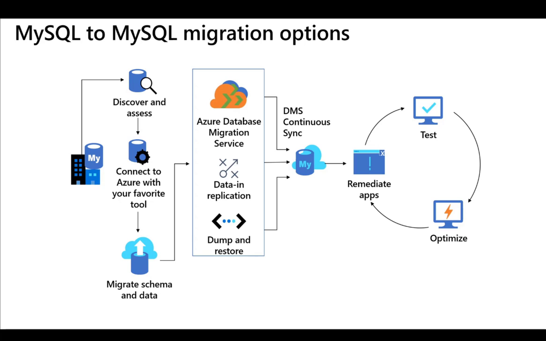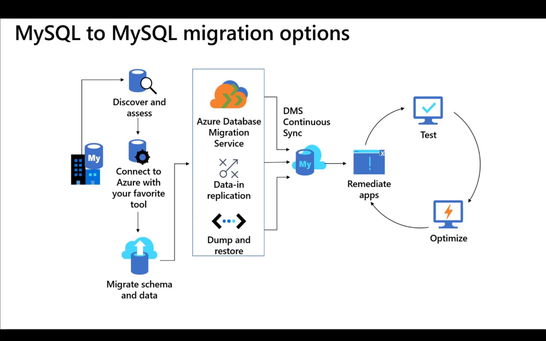So we have done multiple migrations successfully with as little as 15 minutes outage. And that includes application connectivity change and quick testing to make sure everything is working fine before they go live in the Azure environment. That being said, sometimes customers require a little bit lengthy application testing, so it may take a little bit longer to do the final cutover.